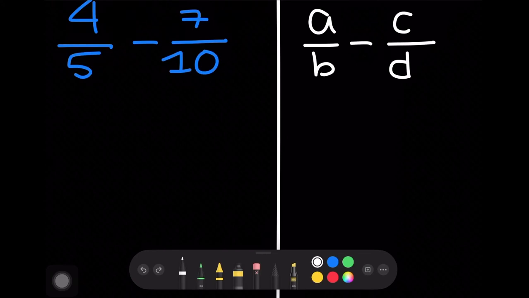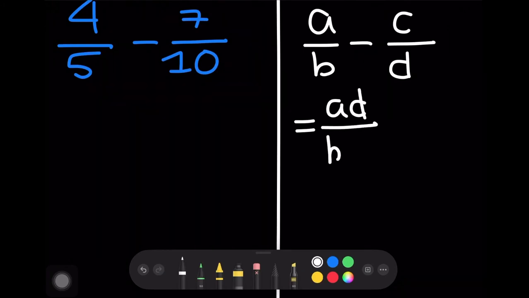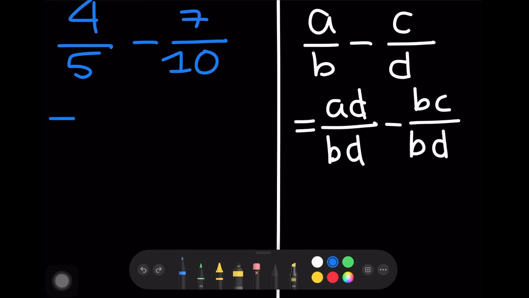To begin with, we will be multiplying a and c by their opposite denominators so that we can go to the second step, which is AD over BD minus CB over DB. The denominators must be the same, which I'm going to do here on the left to demonstrate this for you.